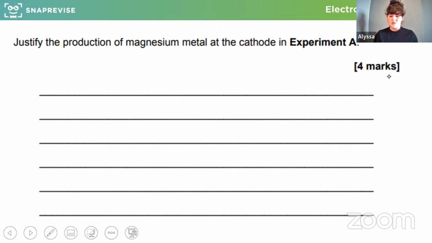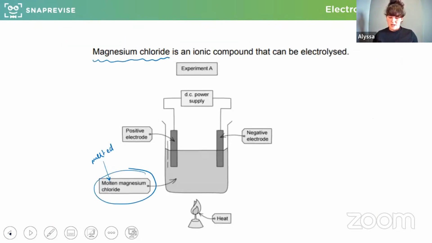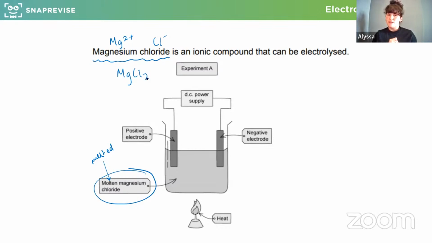Justify the production of magnesium metal at the cathode. So if we just flick back to here, we've got magnesium chloride. Magnesium is Mg2+, chlorine Cl-, so magnesium chloride as a substance would be MgCl2 as we've looked at previously. So we're going to have Mg2+ and Cl- in solution.